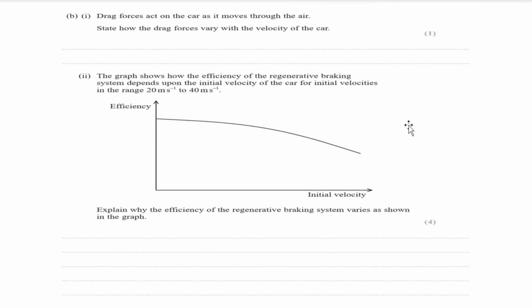Now question number B. B1, drag force acts on the car as it moves through the air. State how the drag force varies with the velocity of the car. According to Stokes' law, F equal to 6 pi eta r v, where v is the velocity. So drag force is directly proportional to velocity.